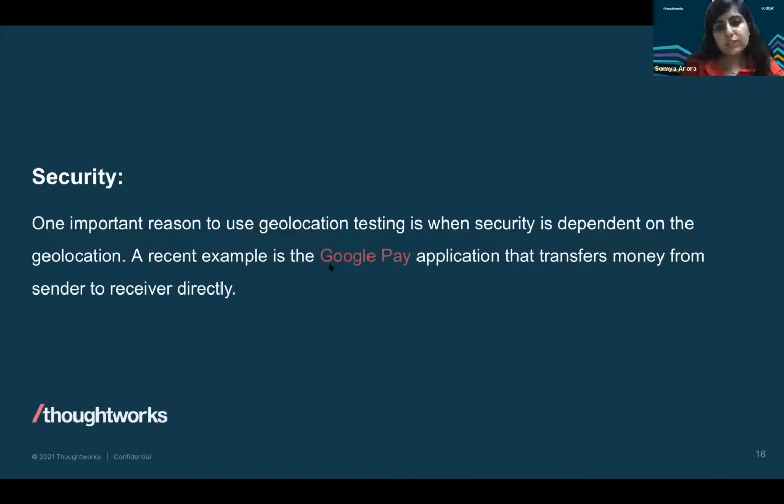Which feature of geolocation does the Ola app use? Is it geofencing, geoblocking, or both?